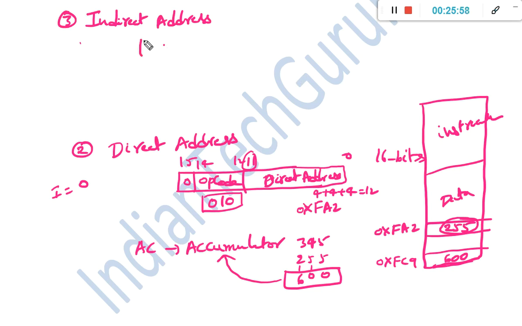In case of indirect address mode, the I value is 1, and there will be the usual opcode, and bits 0 to 11 are going to represent the indirect address. Okay. So from 12 to 14 opcode, and the I value is 1. Now what is meant by this indirect address, and using an indirect address, how are we going to fetch the instruction? That is very, very important.